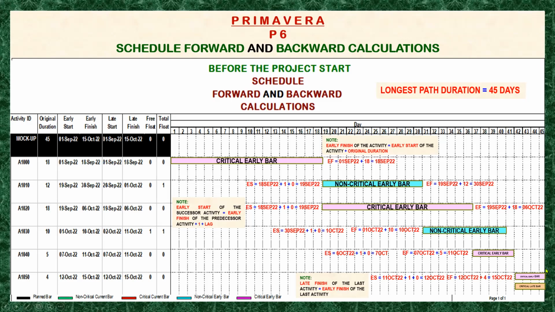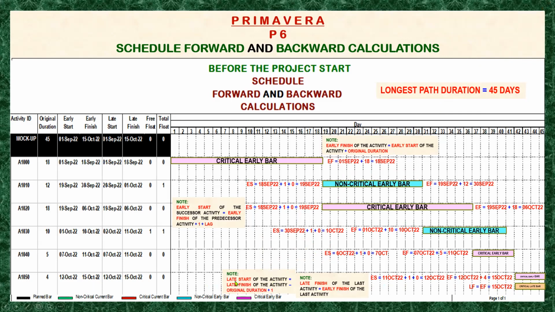So we will be counting the calculation from the finish date of these two bars, going backward. Okay, let's go. So here is now the late finish of the late bar, which equals the early finish of the early bar.